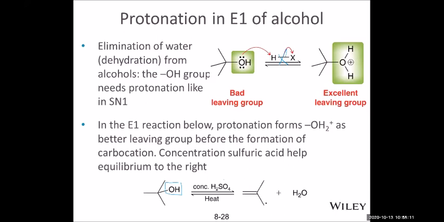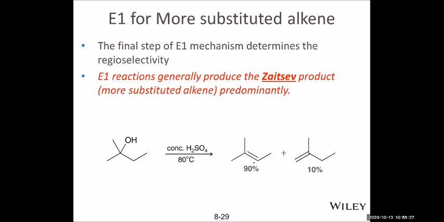Because the concentrated sulfuric acid takes away the water from the system, according to Le Chatelier's principle it helps the equilibrium shift to the right to form the alkene. And this reaction, by the way, is an entropy increase, so high temperature really helps. When you have a tertiary alcohol and use a concentrated acid at high temperature, it gives you mainly the more substituted alkene.